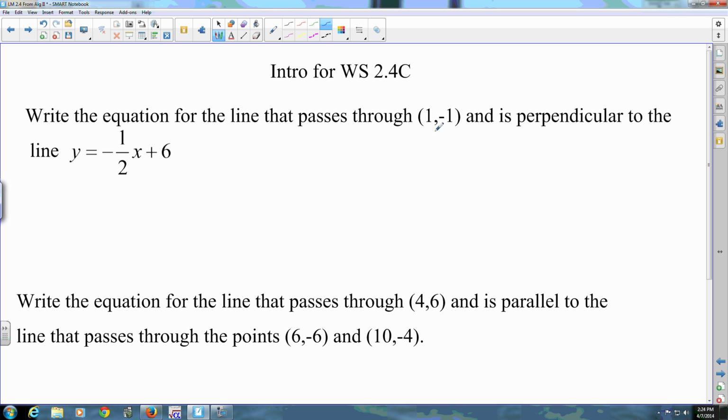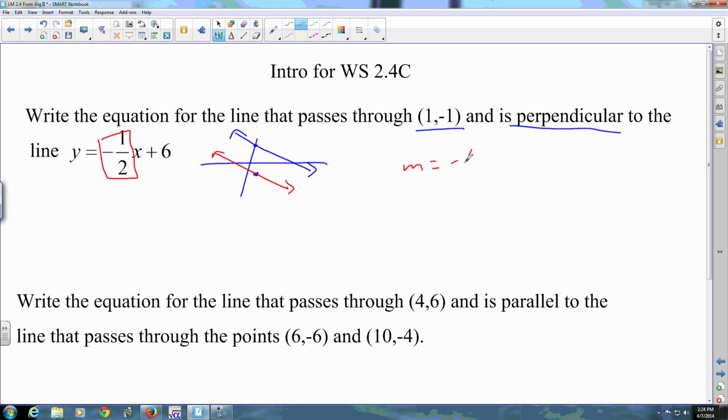Write the equation for a line that passes through this point and is perpendicular to that line. Through this point, 1, negative 1. So there's the point. I'm just graphing this to help you see what's going on. Y-intercept is 6, slope negative 1/2. I'm looking for the equation of the red line that goes through that point. Parallel lines have the same slope, so the only thing I'm going to use this for is pull the slope out.